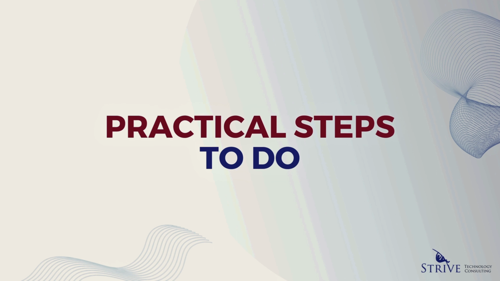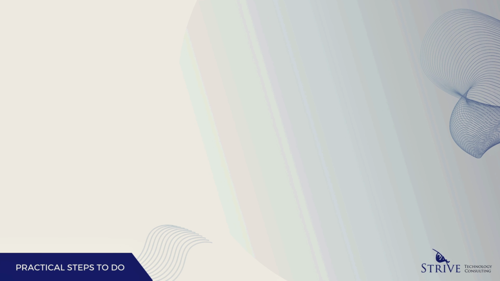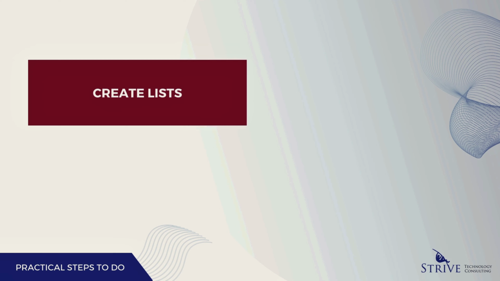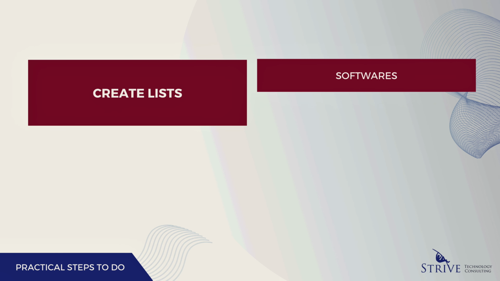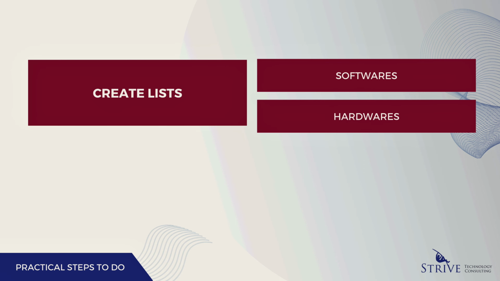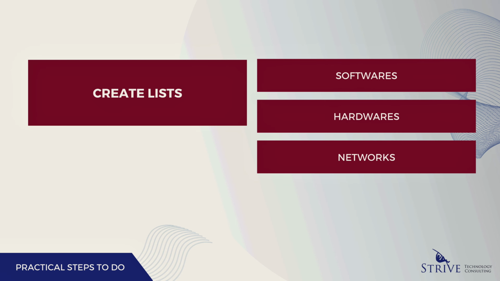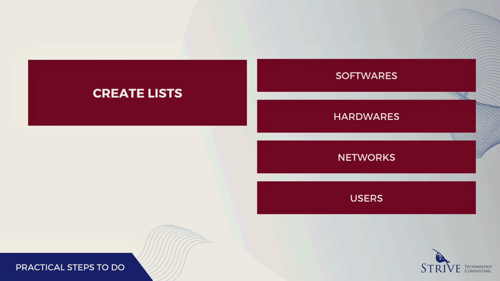If you leave here, you're going to say, cool, I know some stuff. I'm going to just leave you some actual very practical tips. Step one is go back and just write down some things. Start to create some lists, right? List of software, list of hardware, list of networks, and that includes whatever clouds you're using, Dropbox, Google, Microsoft, and a list of users.